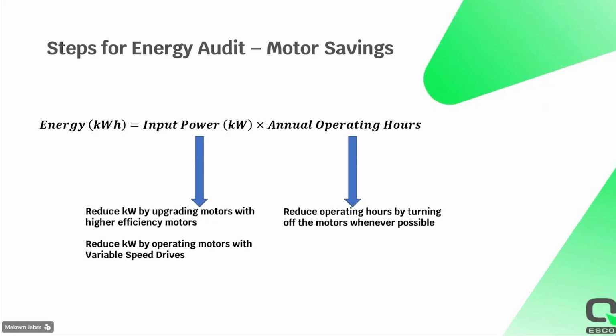You will see later how. And also we can work on the annual operating hours. If this motor is operated during times when we don't need it, it's better to turn off this motor. In this case, we are reducing the annual operating hours, and accordingly we are reducing the energy consumption.